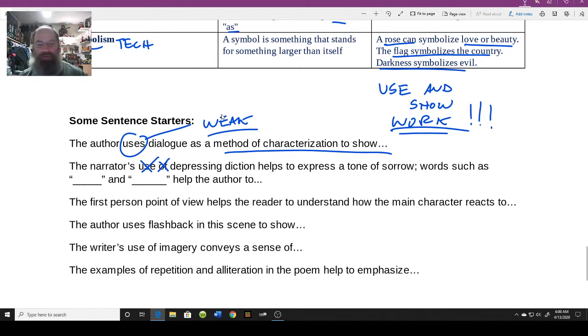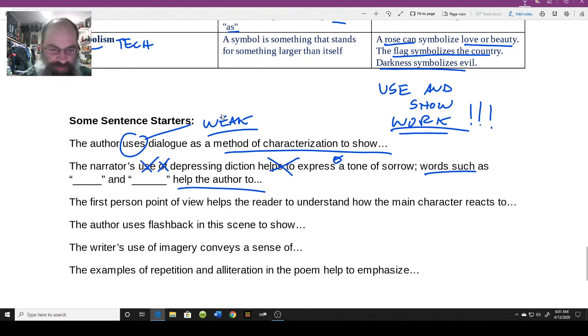However, it's very easy to not use them. The narrator's depressing diction helps to, so much better. And you can even make it simpler. The narrator's depressing diction expresses a tone of sorrow. Words such as blank and blank help the author to.